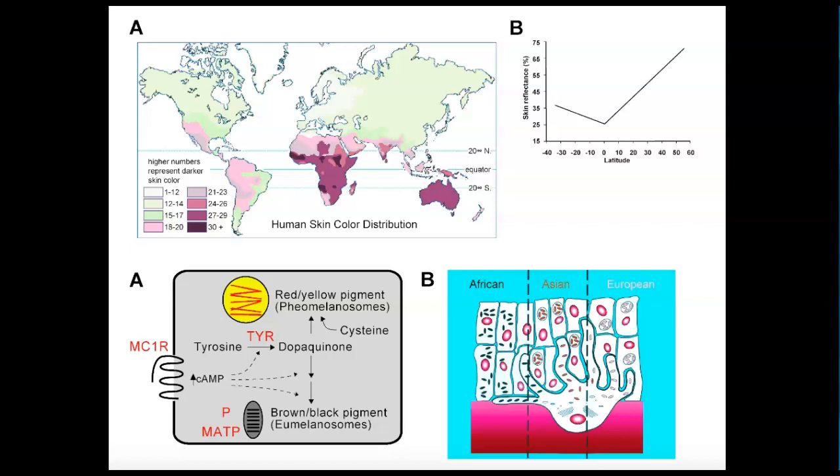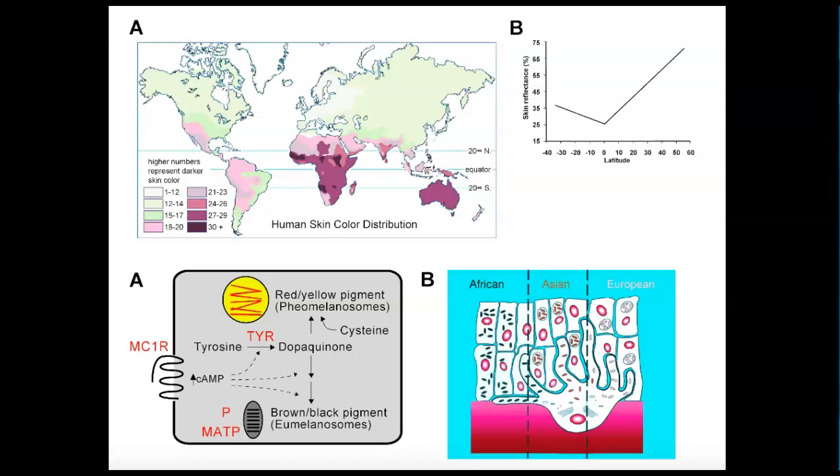And what we see in humans is that there tends to be darker skin color near the equator, and as you move further and further away from the equator, you have lighter and lighter skin color. And so in the top set of graphs, graph B is showing that the reflectance of skin decreases towards the equator.